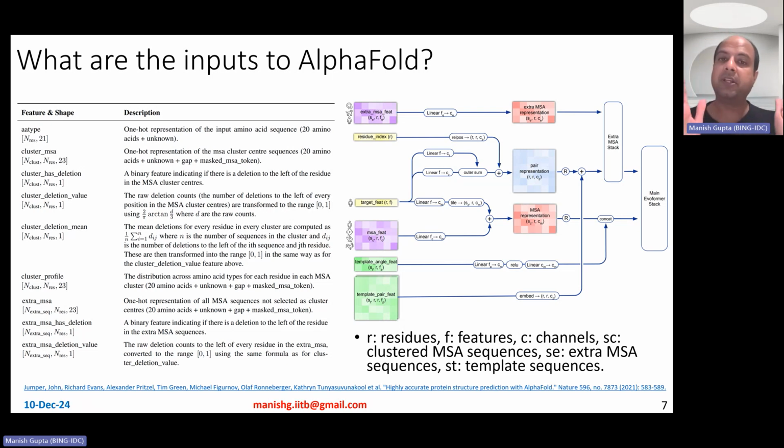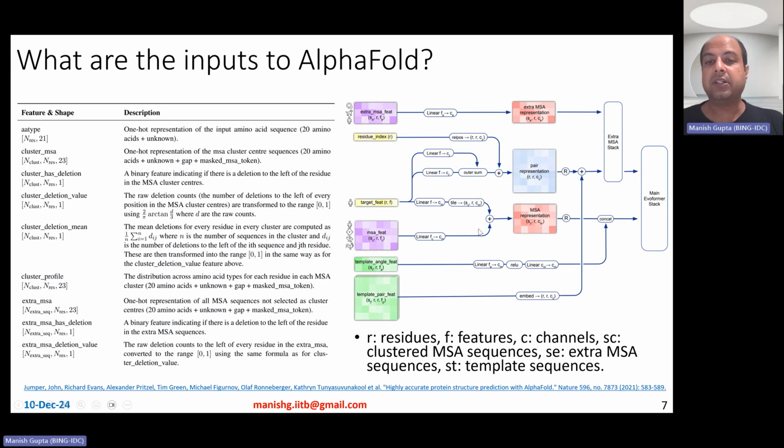Remember, your original protein sequence could be thousands of amino acids long, but you were able to only take a sequence of 256. So what is the relative position of each of those amino acids in the original sequence? That is what is captured in these kinds of features. Now these features interact in fancy ways so as to give the final output, the main input to the evoformer stack.